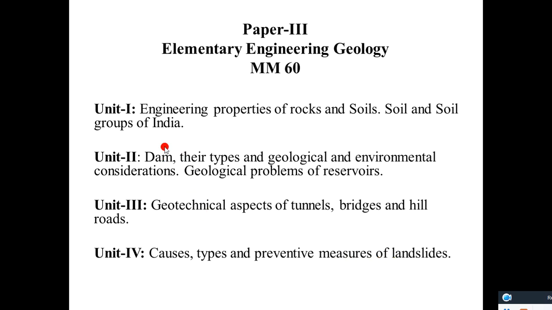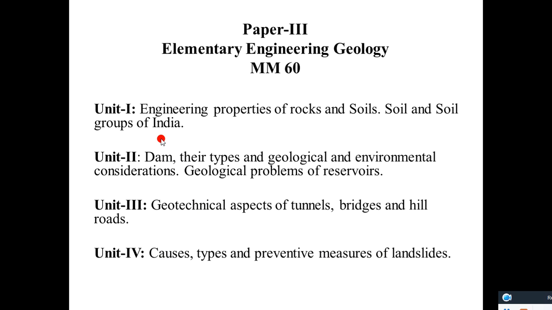While constructing various engineering structures, we face problems in terms of mass wasting. There are different types of mass wasting, and we will understand what they are. Landslide is a kind of mass wasting.